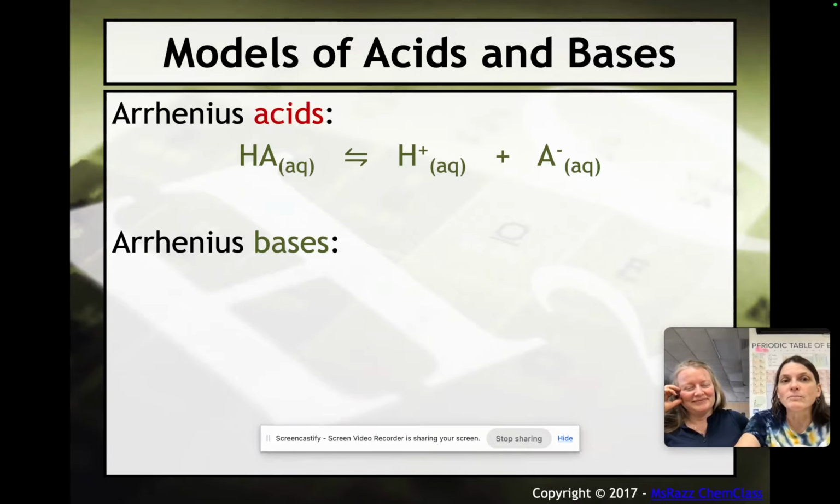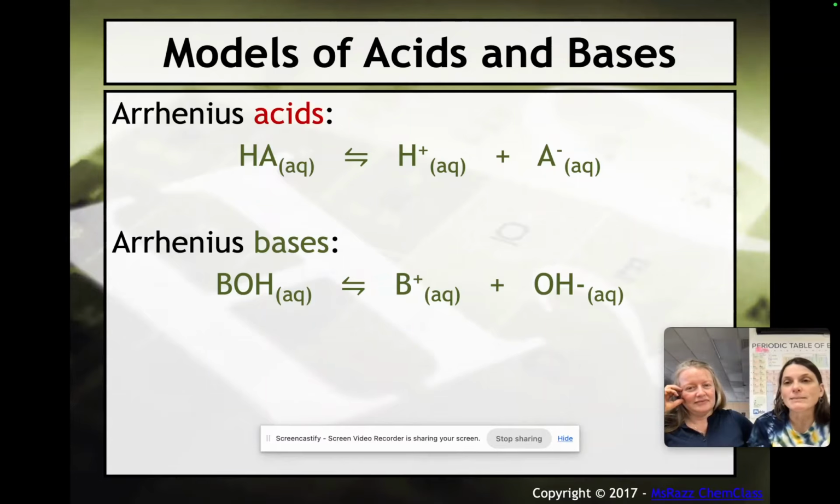All right, so here's a couple of looks at the Arrhenius model. Notice we have the reversible yields sign there. So equilibrium is going to play a big part in this whole situation coming up. Typically, when acids and bases set up an equilibrium, it's either a weak acid or base that's going to be far to the left, or a strong acid or base, which goes to completion.